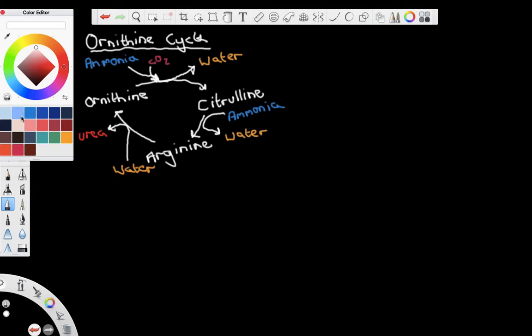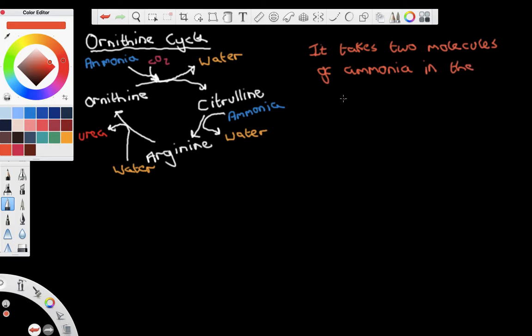So we can say, use this orange, that it takes 2 molecules of ammonia in the ornithine cycle to form 1 molecule of urea.